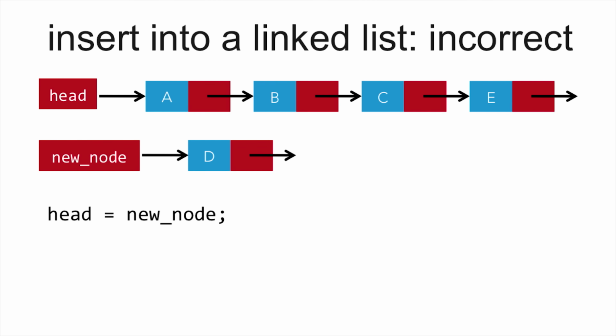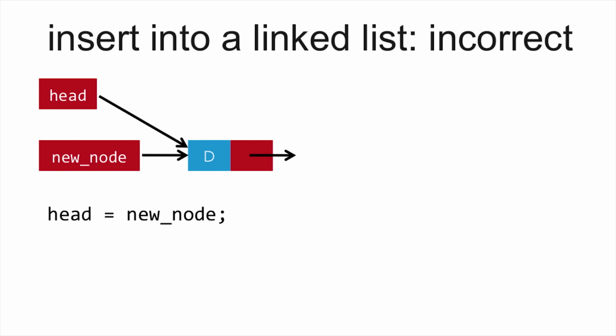Well, if I have a node pointer called head pointing to the very first element in my linked list, then I might say, well, head now points to new node. But this won't do, because then I lose the link to the A node, and then I lose the entire list.